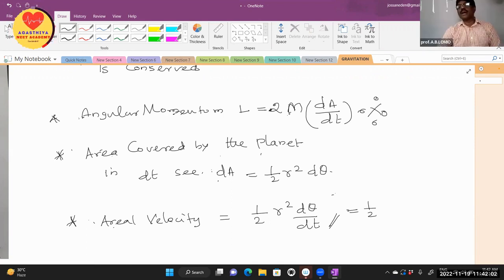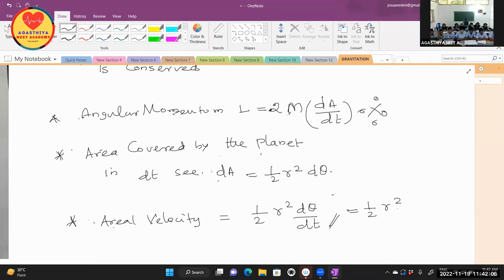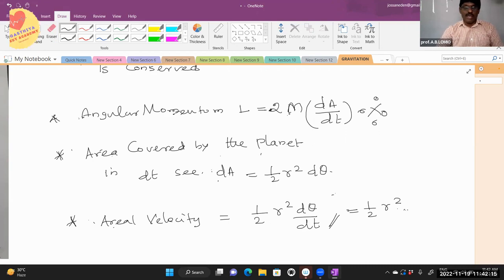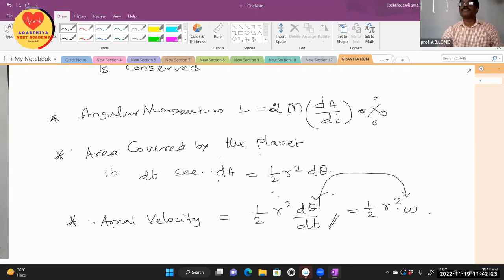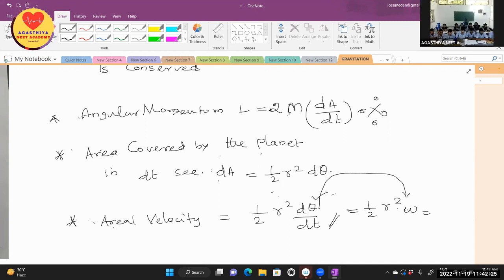This can be written as r squared. Rate of change of displacement is velocity, that is linear velocity. Rate of change of angular displacement is called angular velocity. Therefore, d theta by dt can be written as omega. What is the relation between linear velocity and angular velocity?